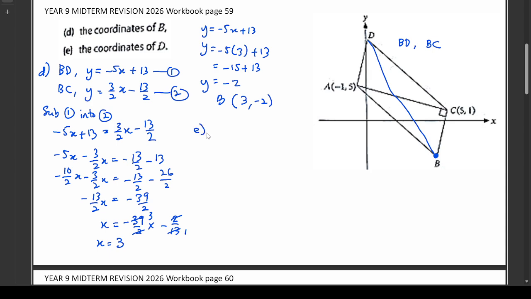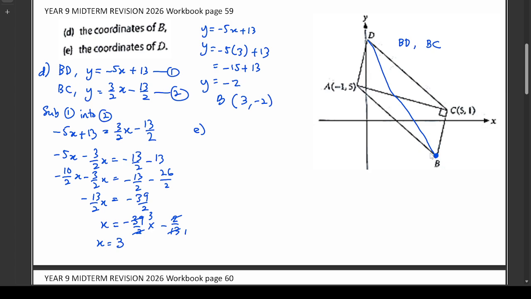And then you can continue with D. D sits on the BD line, so you can use the BD line. You can solve the AD line, and the DC line is a bit difficult because we do not know, right? We do know BD.